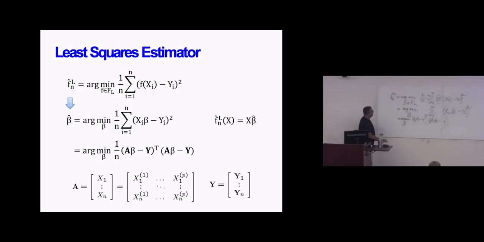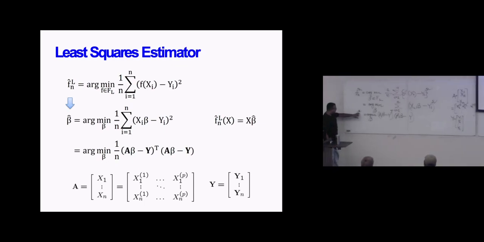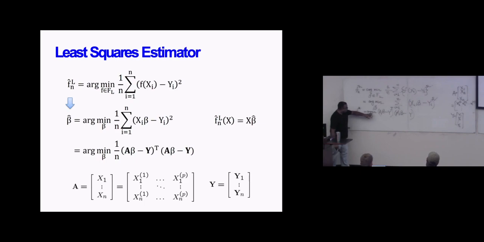Good. So now our problem has become, so here the beta hat, the beta star that we want to find, the optimal beta, is essentially the beta that minimizes this squared matrix, this matrix multiplication. Okay.